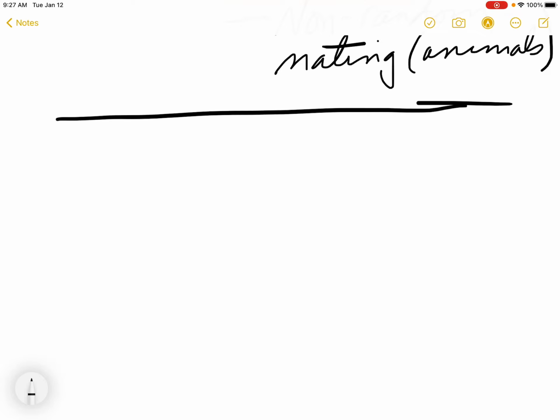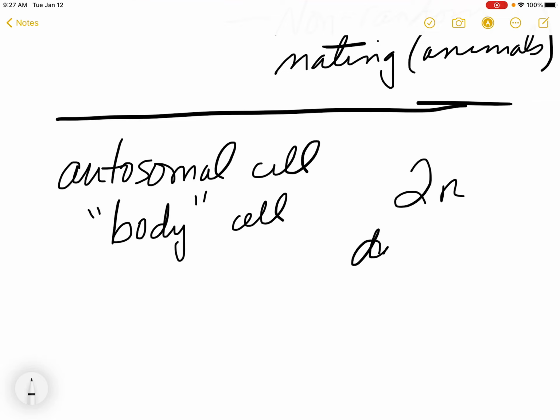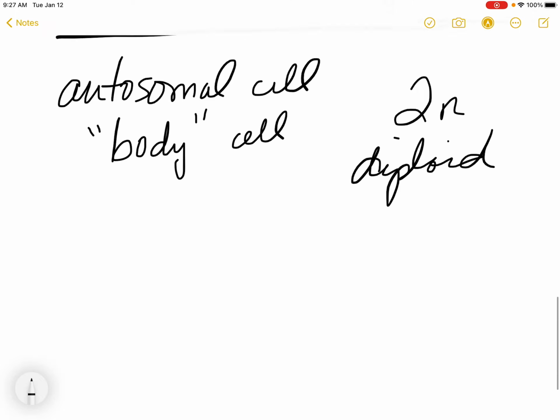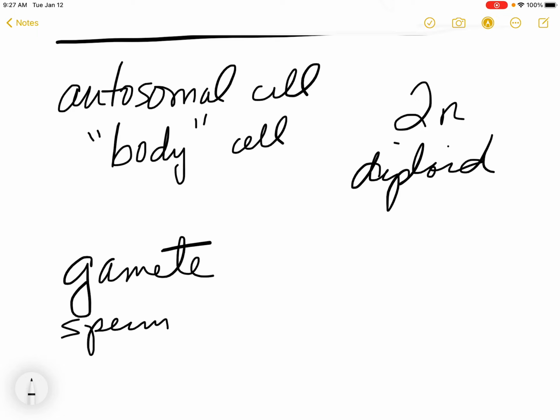So you'll recall that typically we have what's called an autosomal cell. That's a big fancy word that means a body cell, right? And it typically has 2n, or the diploid number of chromosomes. And for humans, we know that that's 46. And then we have what's called a gamete, which is essentially a sperm or an egg.